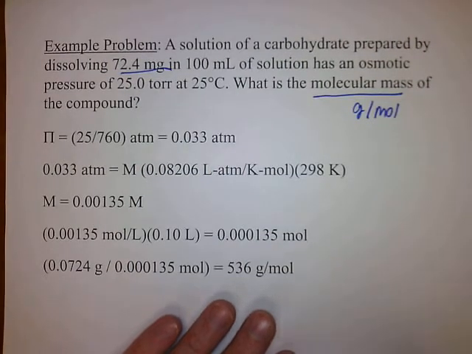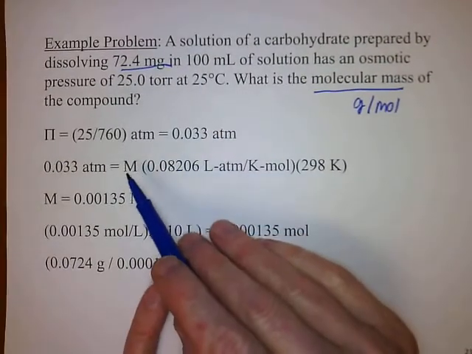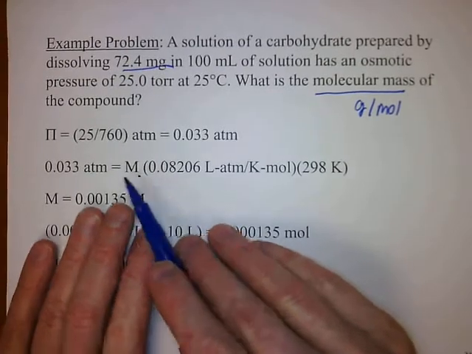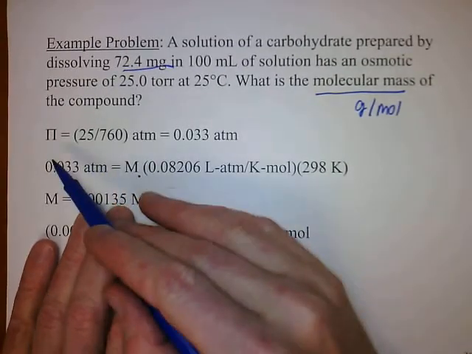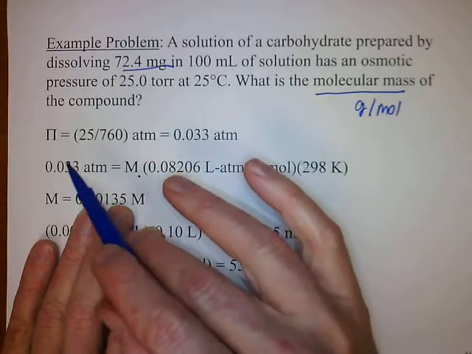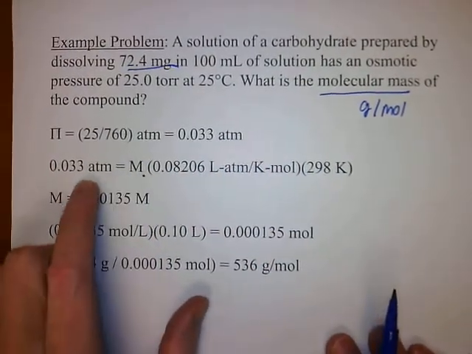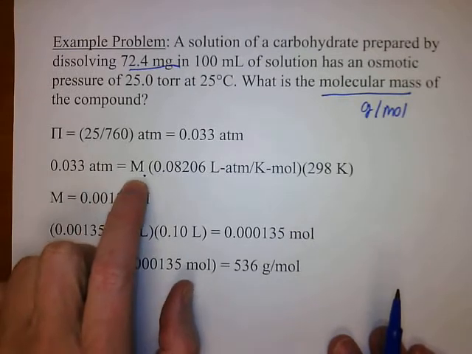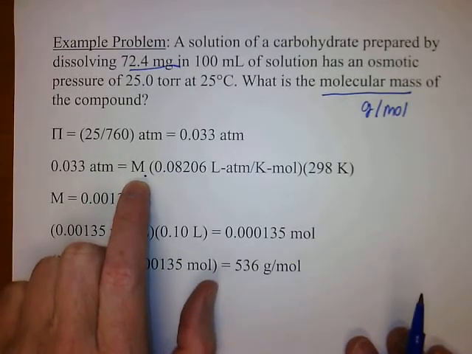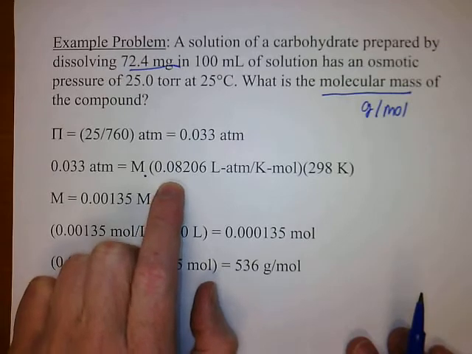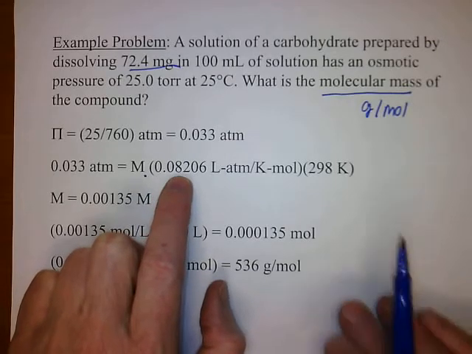Okay. So what we're going to do is solve for the molarity. Pi is equal to MRT. So we know what the osmotic pressure is, 0.033 atmospheres. M is what we're solving for. R is the gas constant.